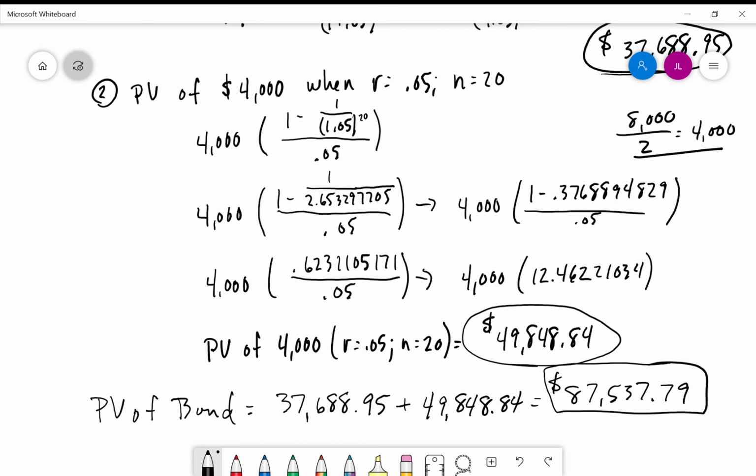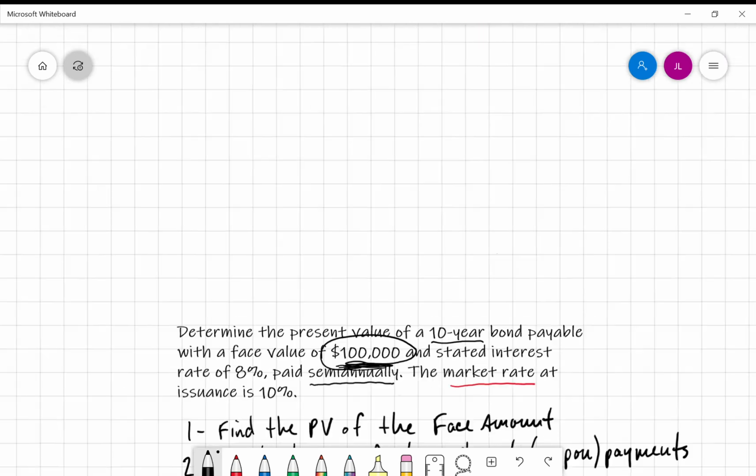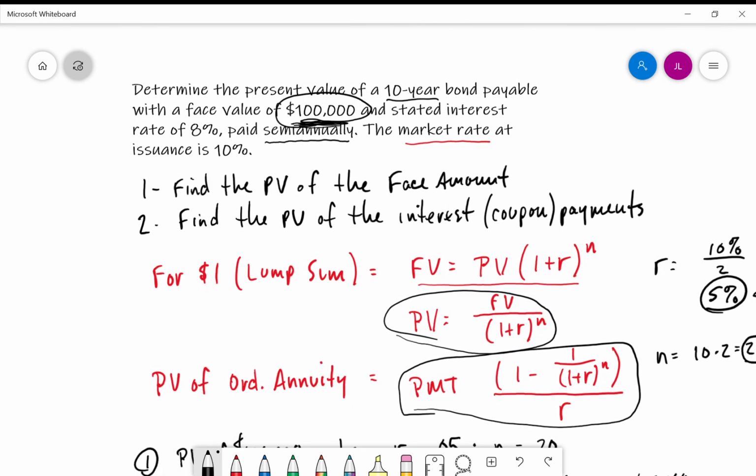Now, looking at this, this is less than the face value of the bond, which means we're selling this bond at a discount. Because, think about it this way, if you had $100,000 and could either get 10% for it or 8% for it, most people are always going to pick the higher interest rate. $100,000 at 10% is $10,000 a year.